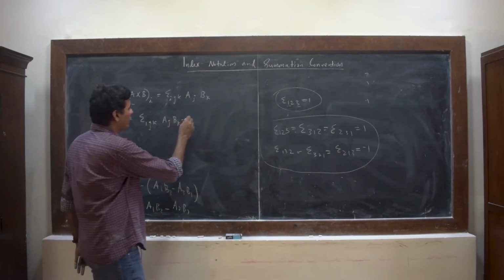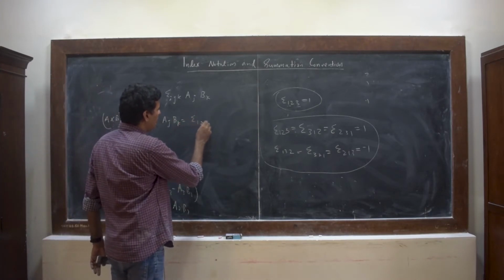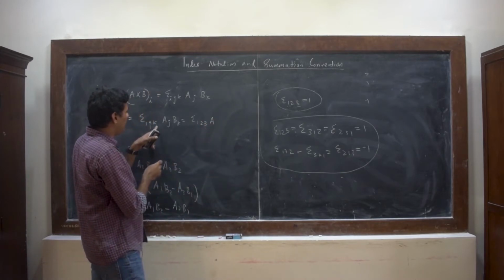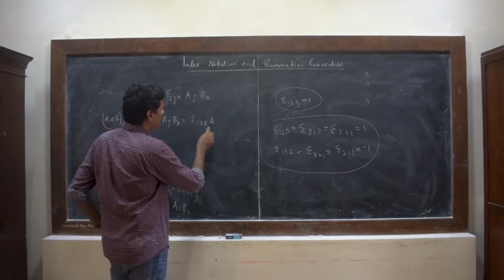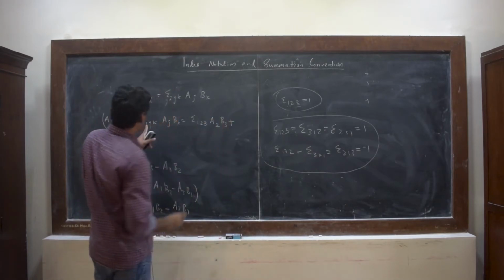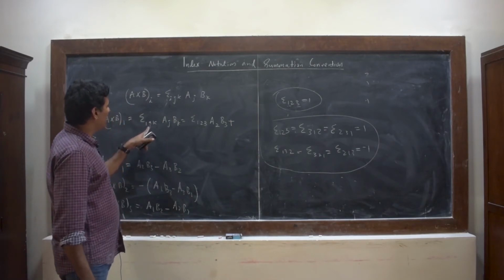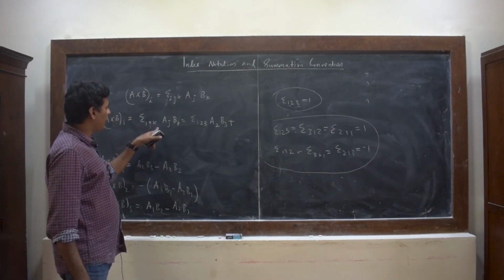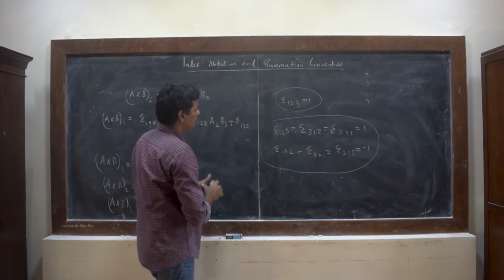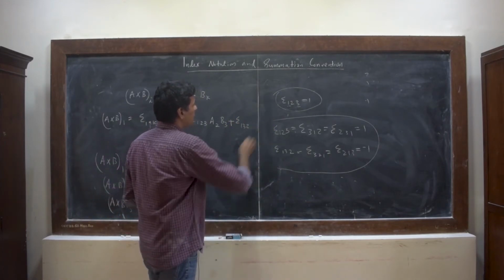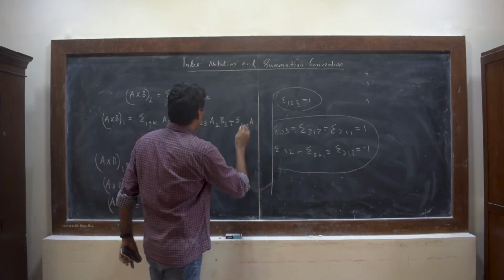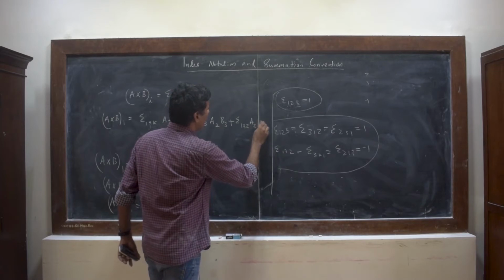So this is equal to epsilon 123 if I take 2 for j and 3 for k, A2 B3, plus the next option, j can be 3 and k can be 2, so that will be epsilon 132, A3 B2.